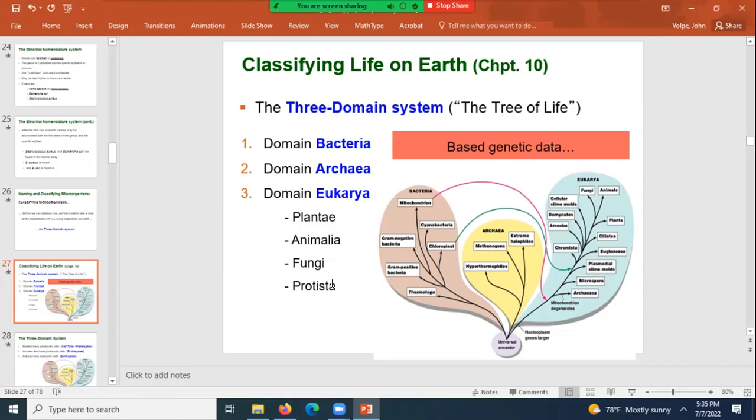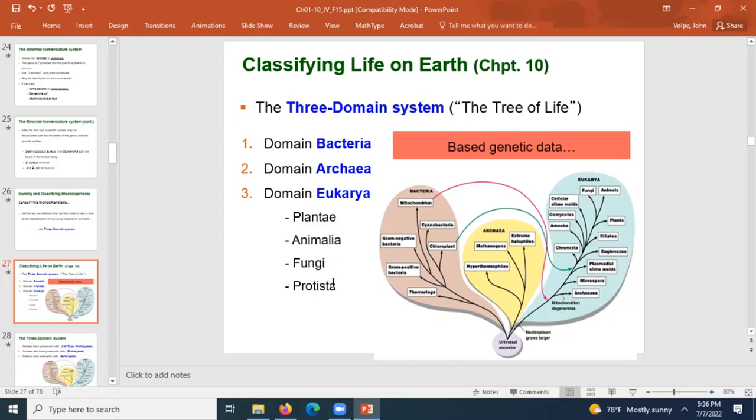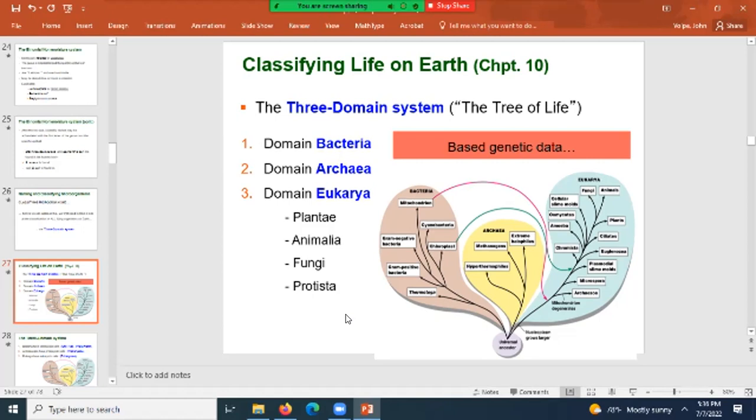All right, no questions. However, you should know that the kingdom is not defined. There is no definition of what a kingdom is. And so there are arguments about which kingdom a species belongs to.